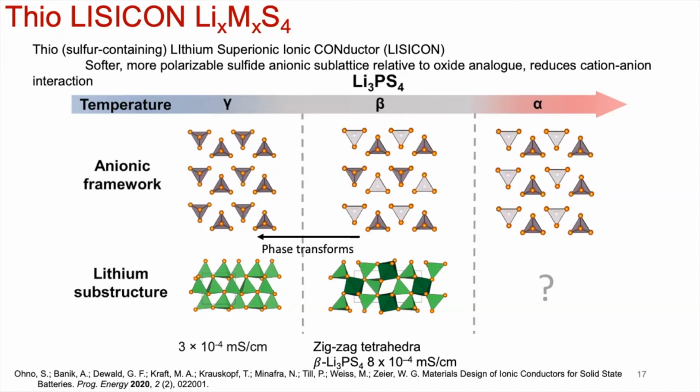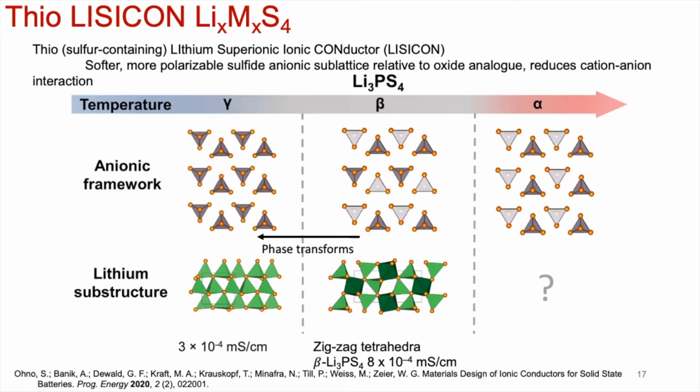But that doesn't mean we stop all fundamental studies and say we don't care. Because what we can study and learn from the system is that when you phase transform to this beta phase, the ionic conductivity increases by basically 2x, going from 3 to 8, still 10 to the minus 4 millisiemens per centimeter.